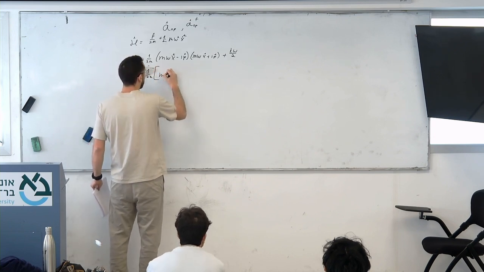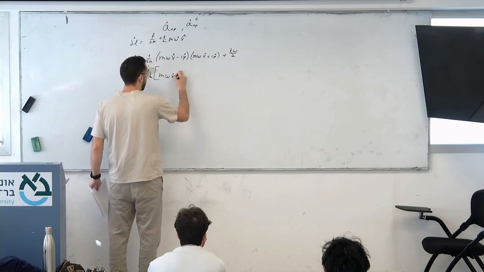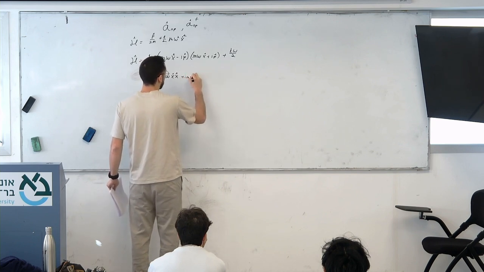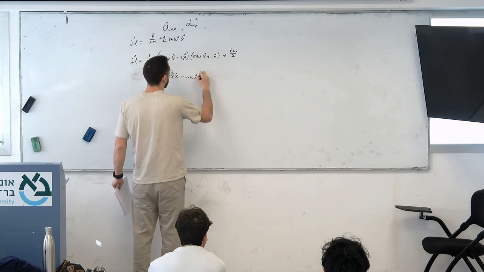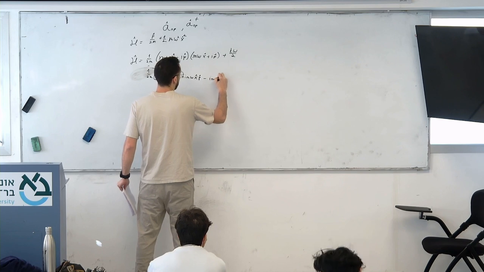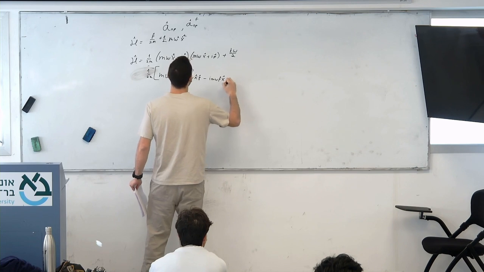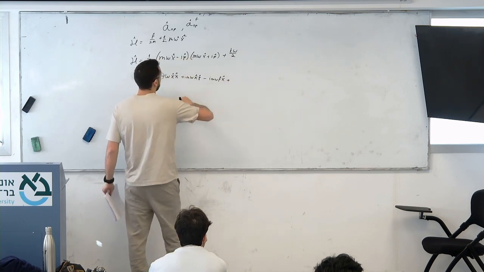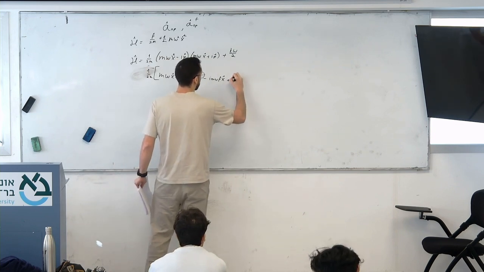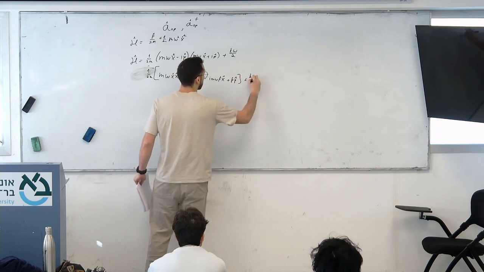So we have m omega x squared, that's the x operator, plus i m omega x operator p operator minus i m omega p operator x operator, plus p operator squared, plus h bar omega over 2.